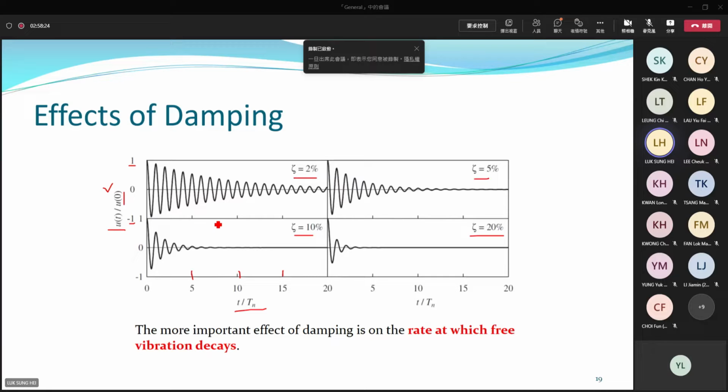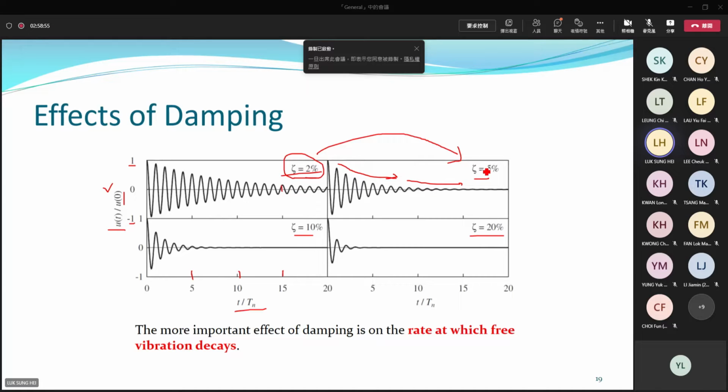What we can observe for a system with small damping, say 2%, is that you see many oscillations. If we increase the damping ratio slightly from 2 to 5%, you can see that the vibration amplitude drops rapidly, close to 0. In the original problem with 2% damping ratio, at cycle 15 you still see some oscillation right here.